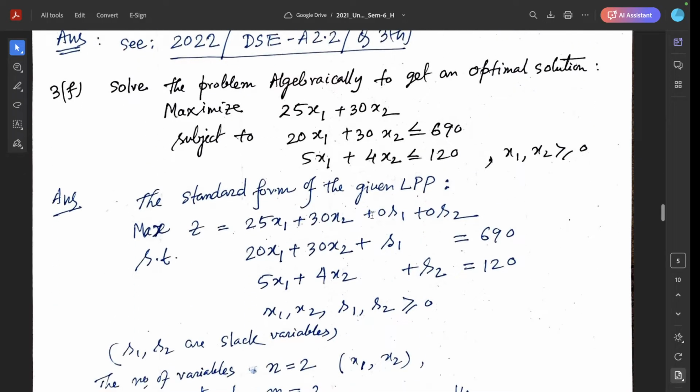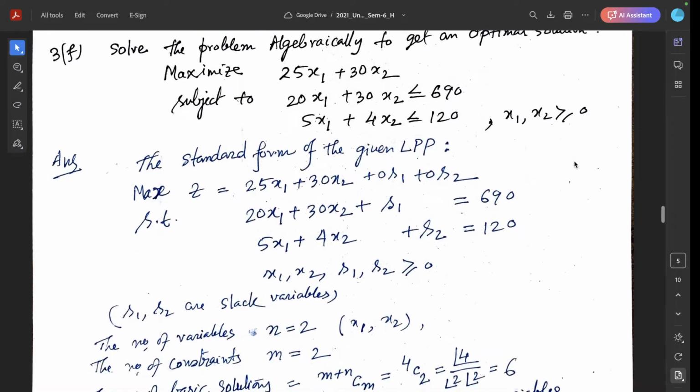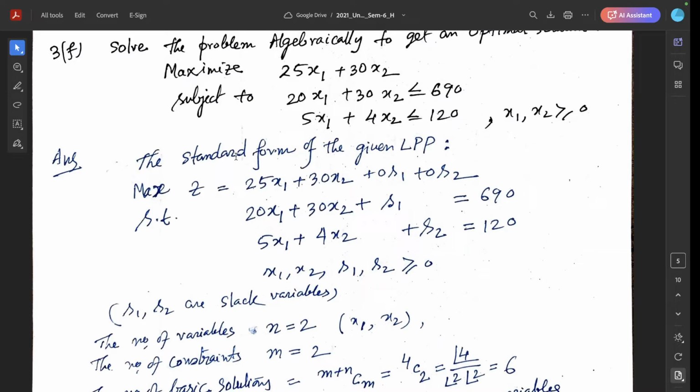Question 3A. Solve the problem algebraically to get an optimal solution. Maximize 25x1 plus 30x2 subject to 20x1 plus 30x2 less than or equal to 690, 5x1 plus 4x2 less than or equal to 120, x1, x2 greater than or equal to 0. Now we write the standardized form of the given LPP: maximize Z equal to 25x1 plus 30x2 plus 0s1 plus 0s2, where s1 and s2 are slack variables.